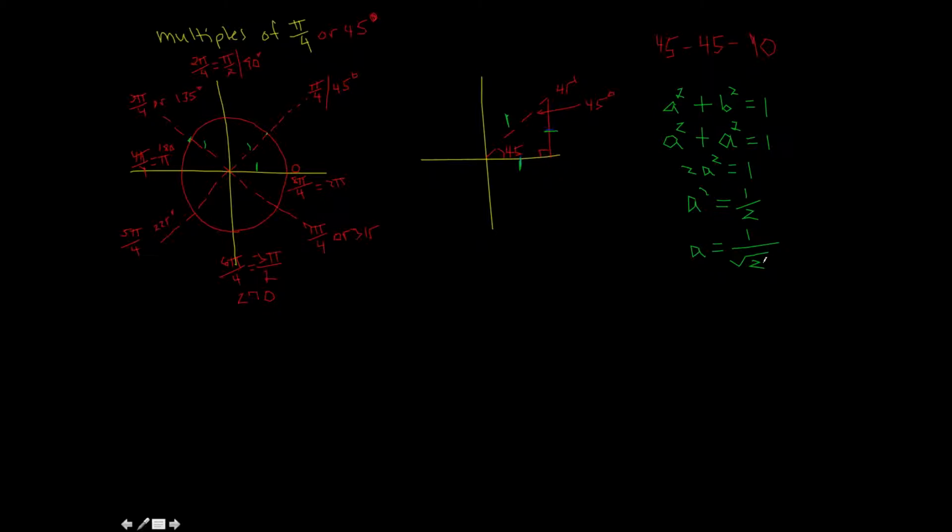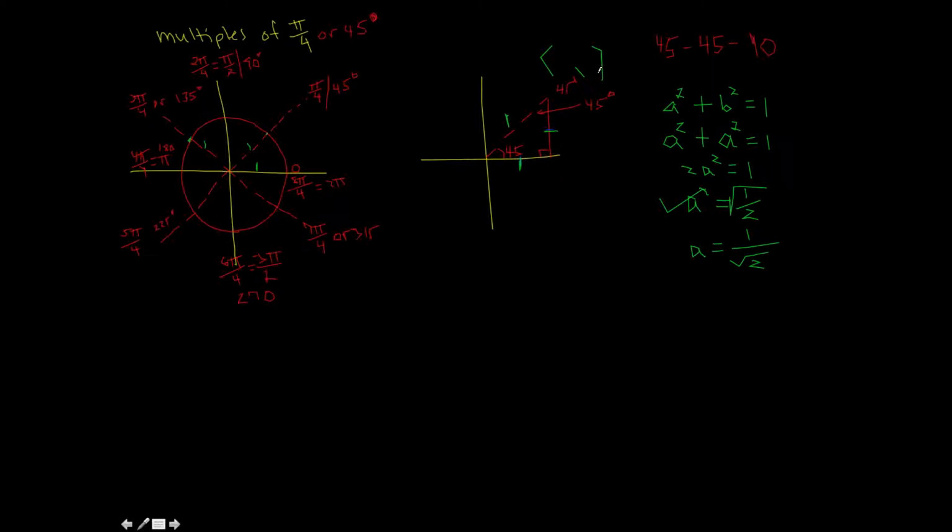A, and keep in mind, folks, we're in the first quadrant here. When you take that square root of both sides, remember this gives you a plus or minus answer, but we're only going to use the positive here. Why? A represents the x value in our point.